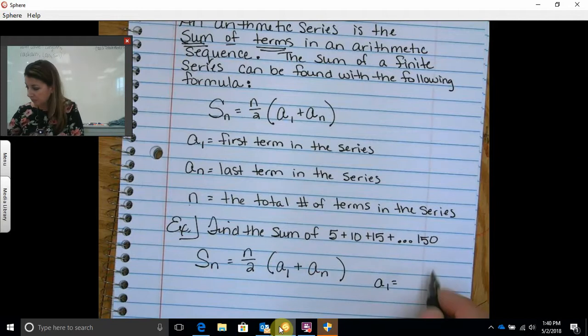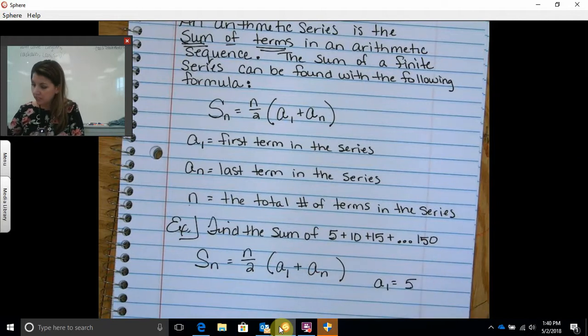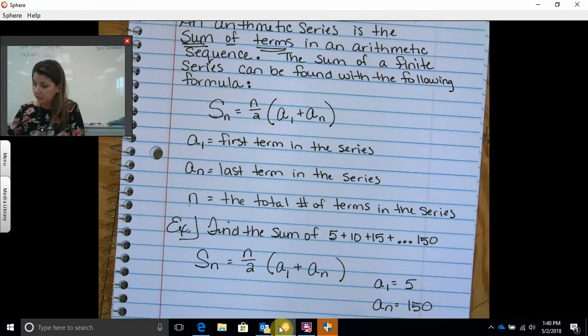A sub 1 is 5. It's the first term of the series. A sub n is the last term of the series, which is 150. N is the total number of terms in the series.